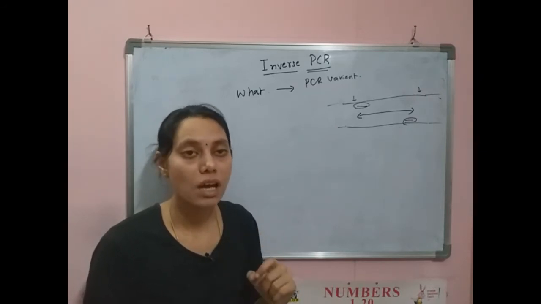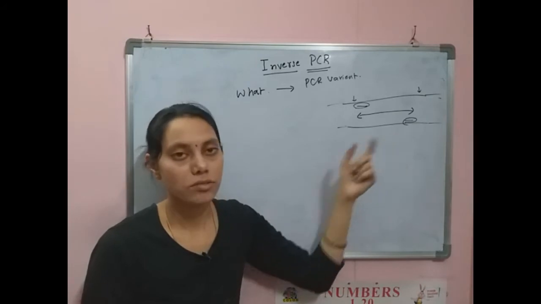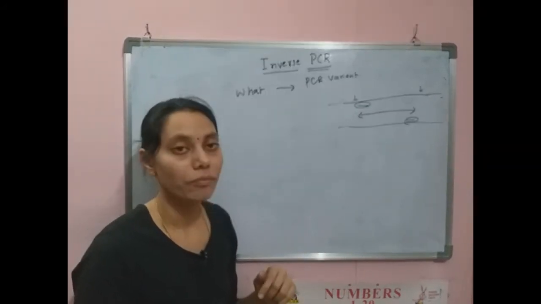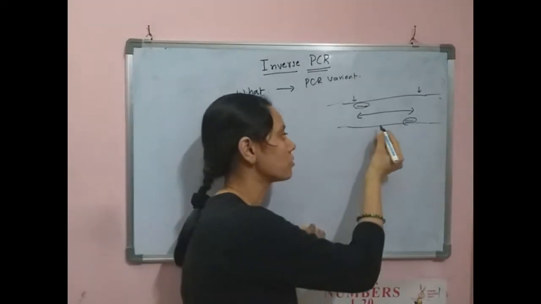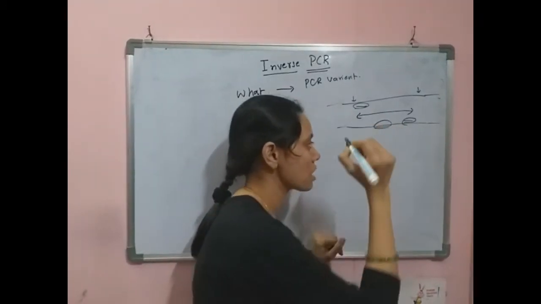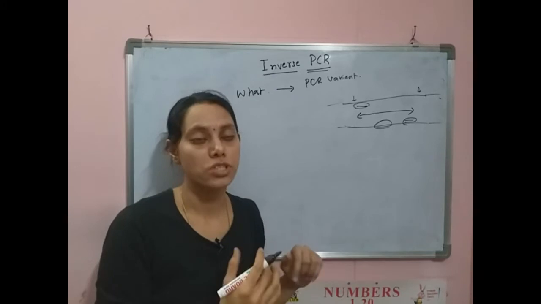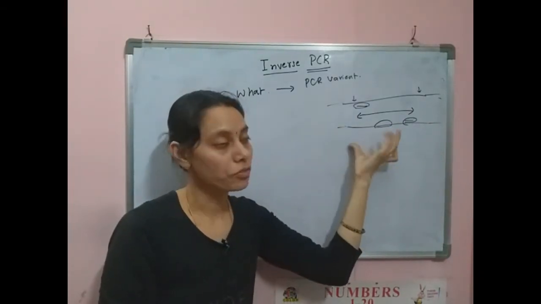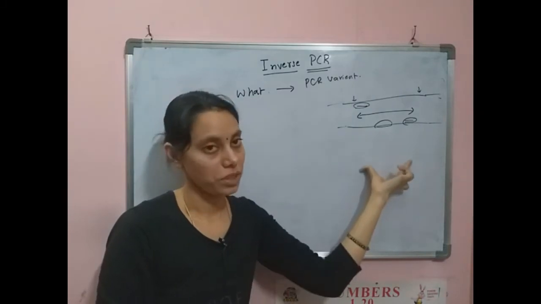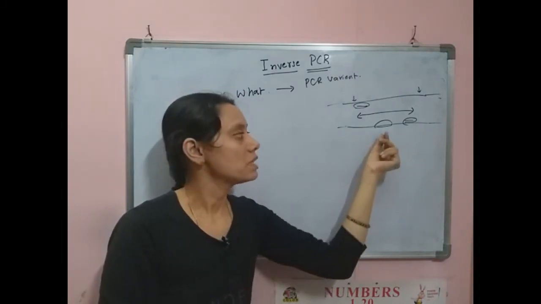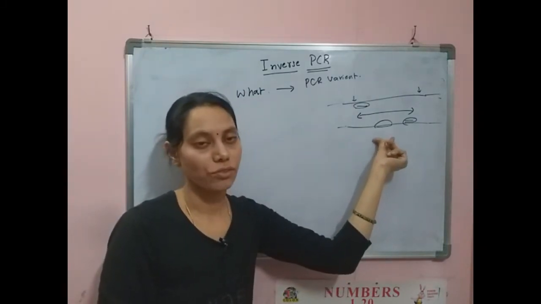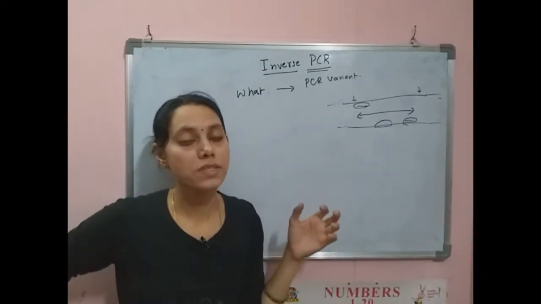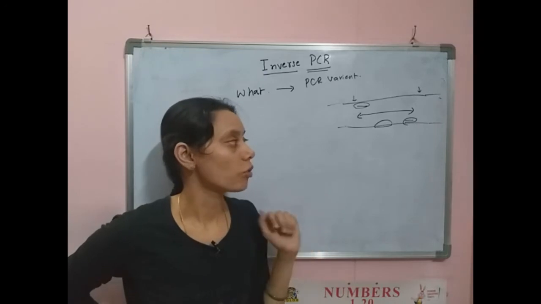The sequence of the target DNA is not familiar, or maybe we have some portion of the DNA sequence which is known, but that may be present in the middle of the whole target portion of the DNA. So this known sequence of the DNA is flanked by unknown sequences. What will happen?